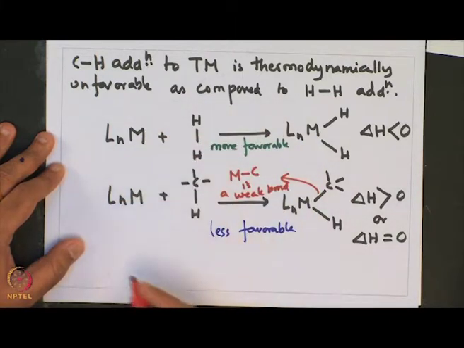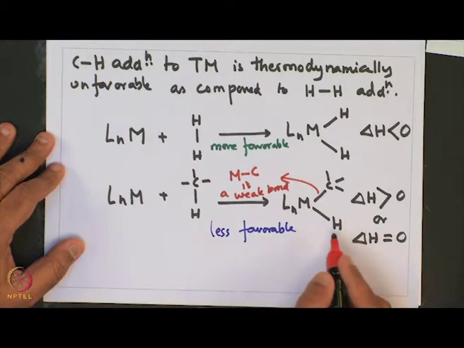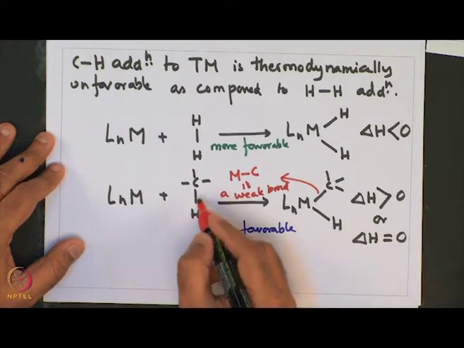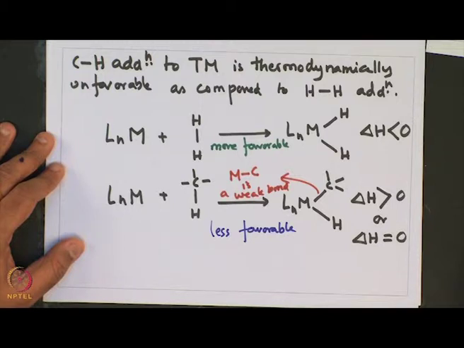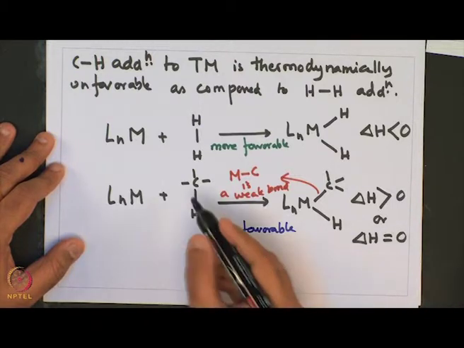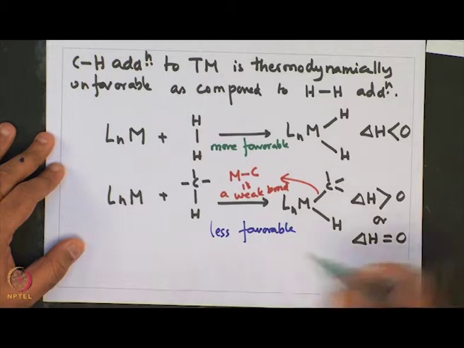So, metal carbon bond is a weak bond that cannot compensate for the strong bond that is broken when a carbon hydrogen bond is cleaved.